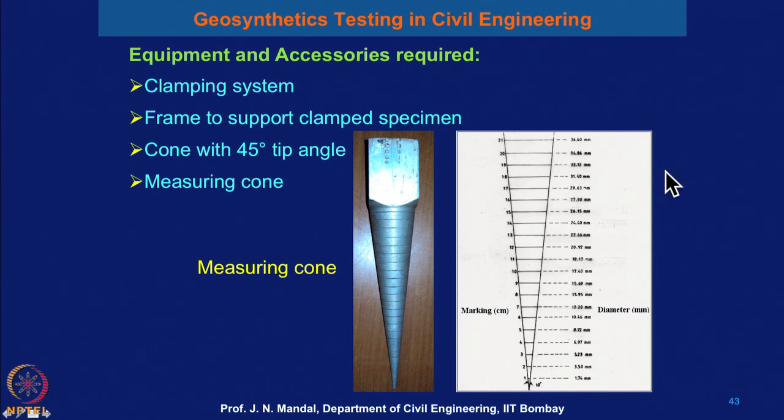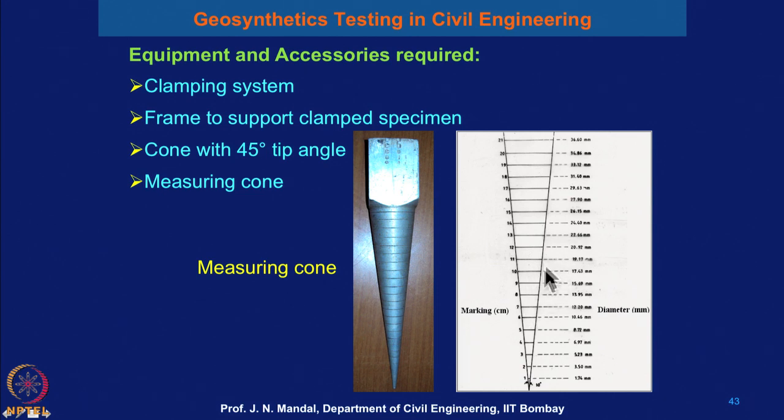Here you can see the measuring cone with its dimensions. When the geotextile material is penetrated and there is a hole in the geosynthetic material, you can insert this measuring cone into that hole and determine the diameter of the damage.